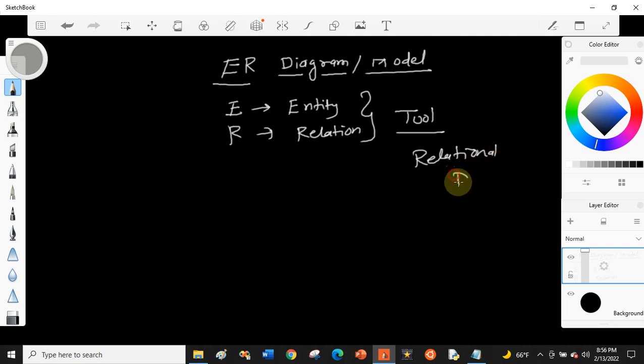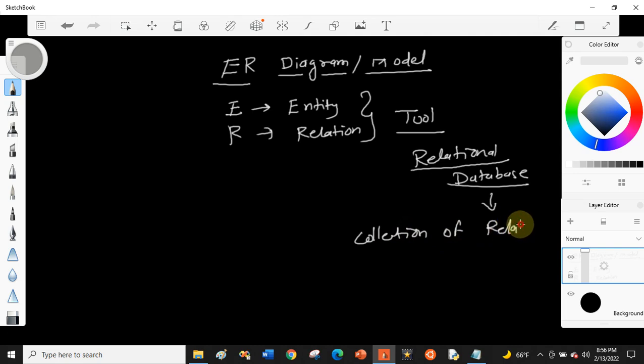Okay, sir, tell me what is a relational database. Before going to understand what is a relational database, first you have to understand what is a database. A database is nothing but a collection of related information. Related information means everything is related in its base.